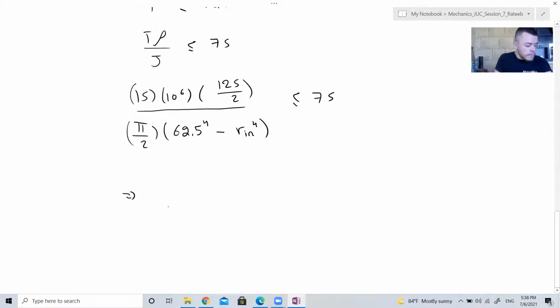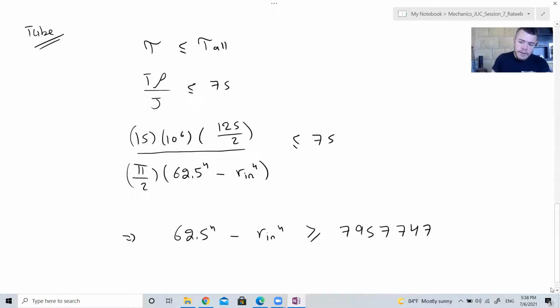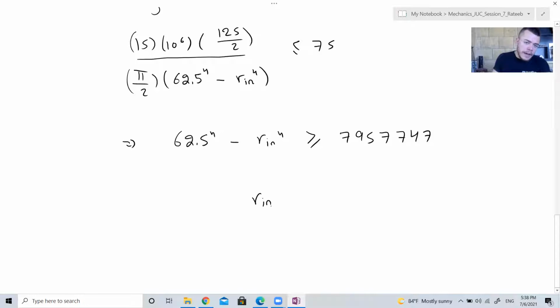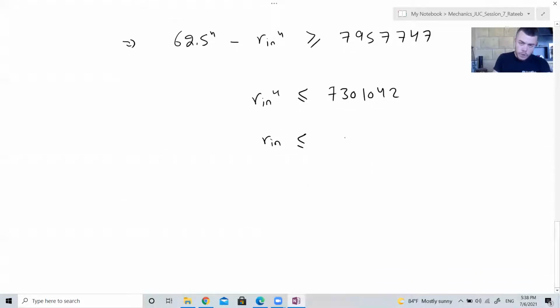If you solve this system, you will get that 62.5 to the power 4 minus Rn to the power 4 should be greater than or equal to 7957747, and therefore Rn to the power 4 is less than or equal to 7301042, and Rn should be less than or equal to 51.98.